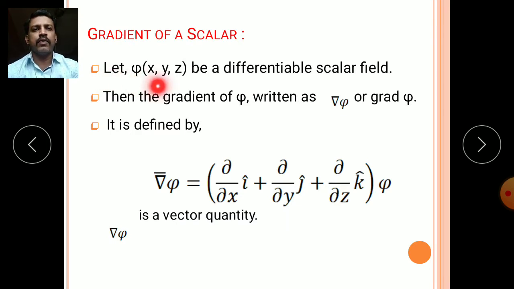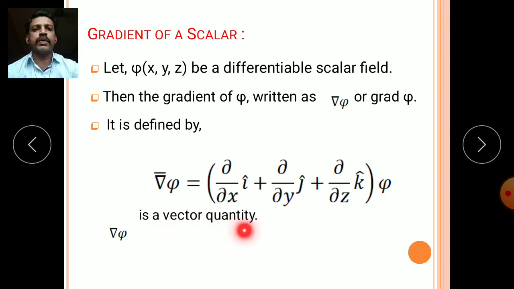Let phi(x, y, z) be a differentiable scalar field. Then the gradient of phi can be written as del phi or grad phi. It is defined by del phi or grad phi equal to (∂/∂x) i plus (∂/∂y) j plus (∂/∂z) k, acting on phi.